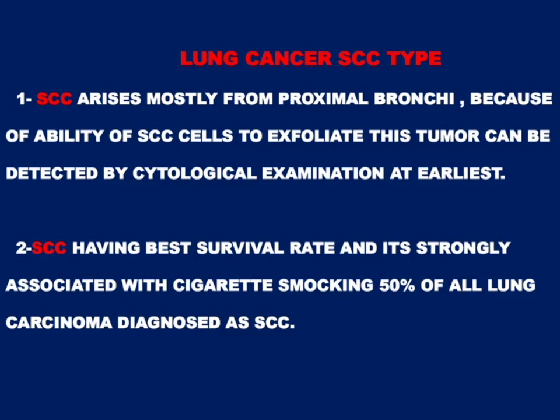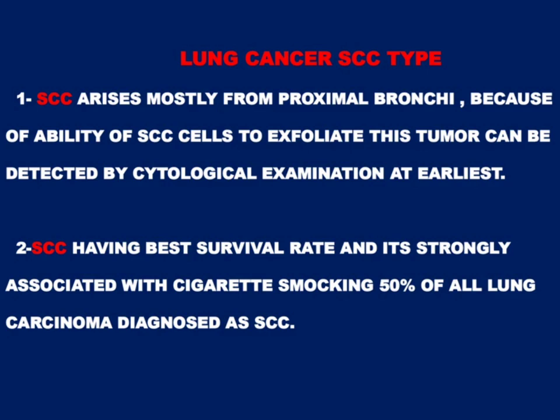Why am I talking about lung cancer overview? Because recent data from the Indian Council of Medical Research says that the topmost cancer in India is lung cancer. It has surpassed all the cancers and gone to the top.